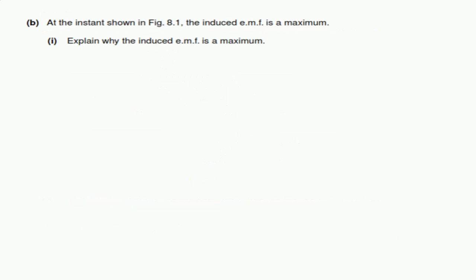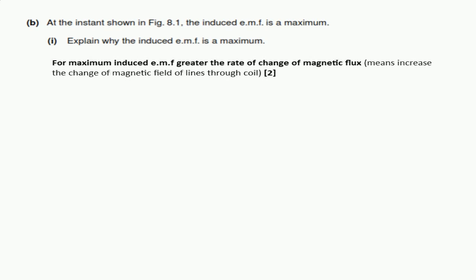Question number 8, part B. At the instant shown in figure 8.1, the induced EMF is a maximum. Question 1. Explain why the induced EMF is a maximum. To answer that question, we must have knowledge of magnetic flux. For maximum induced EMF, we need a greater rate of change of magnetic flux.